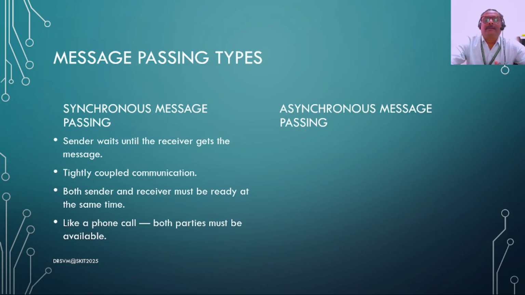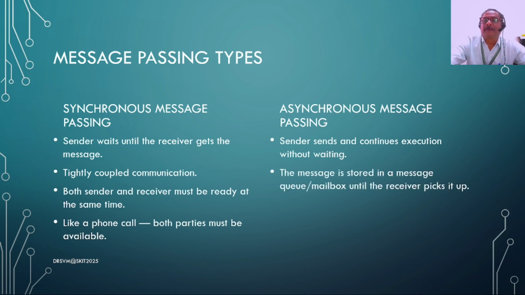On the other side, there is another type of message passing which we call asynchronous message passing, wherein the sender just sends the message and continues execution without waiting to know whether the receiver has received it or not. It's a problem of the receiver. The sender just sends the message and continues its own work.